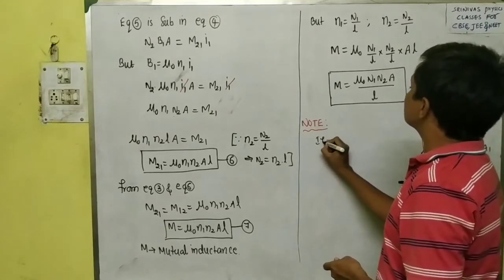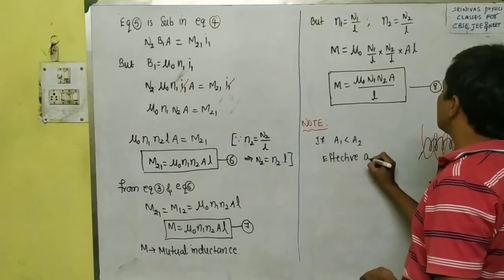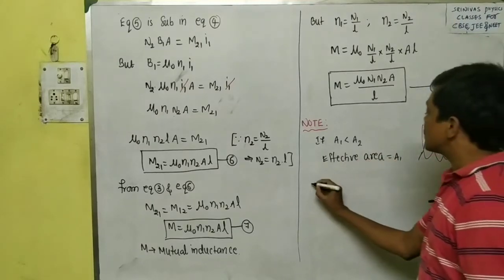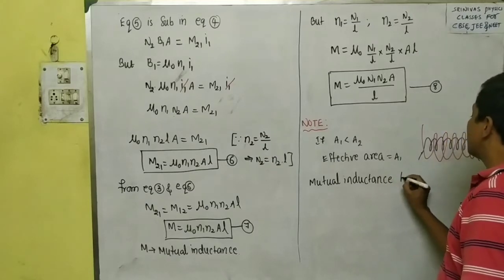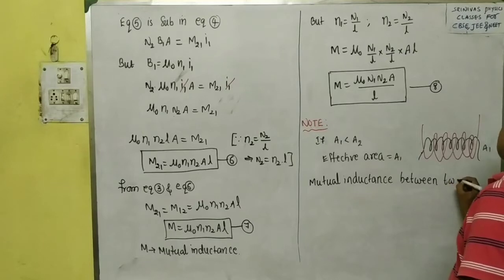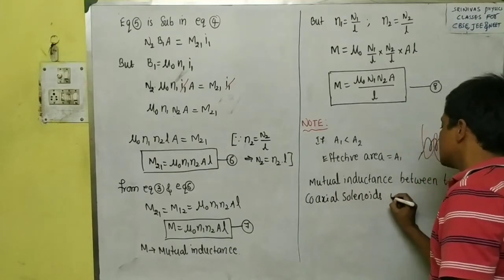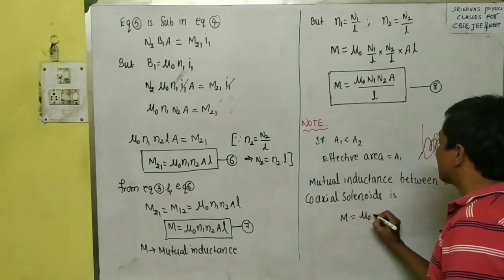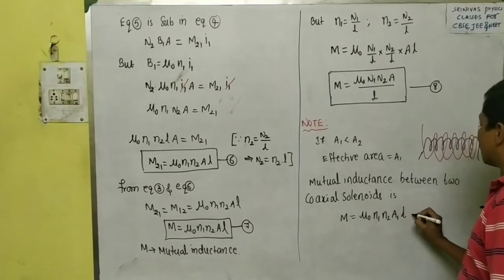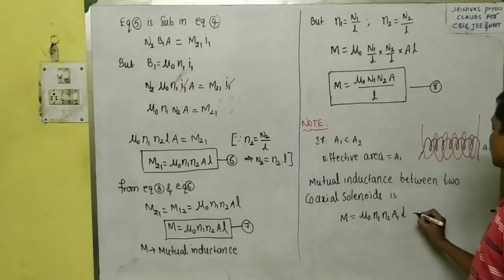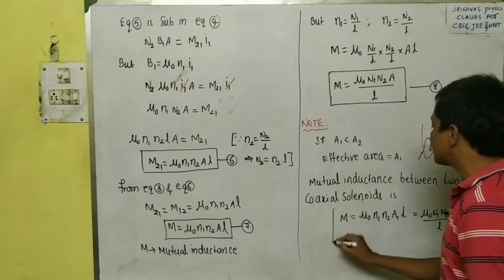Then if A1 is less than A2, we have to take the effective area as the inner area. Then the mutual inductance between two coaxial solenoids which have different areas is given by one formula in terms of small n1 and small n2: mu naught into small n1 into small n2 into A1 into L, and another formula is mu naught capital N1 capital N2 A1 by L. These are the two formulas that we have to use.